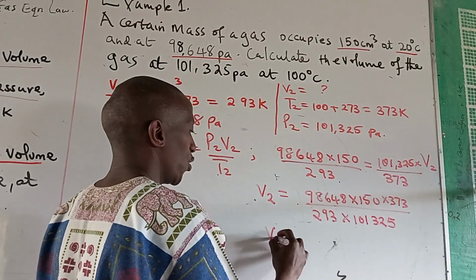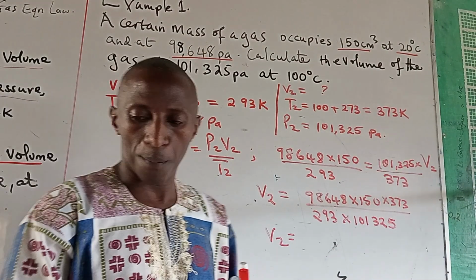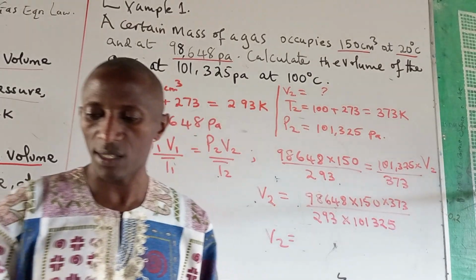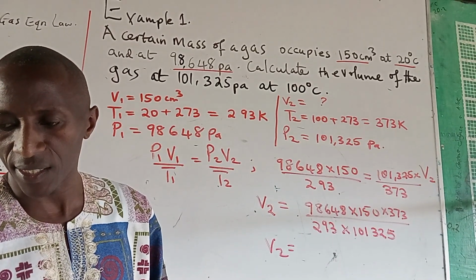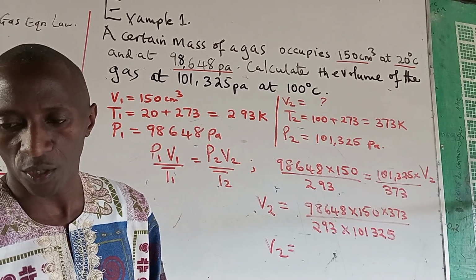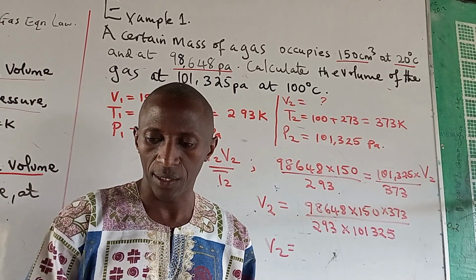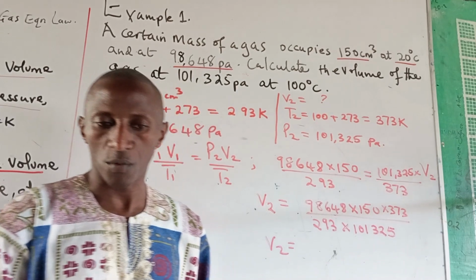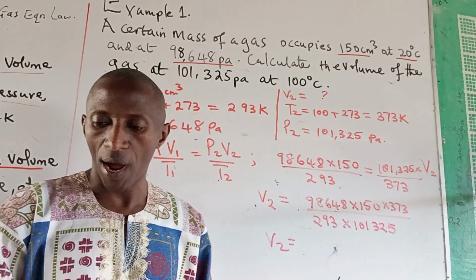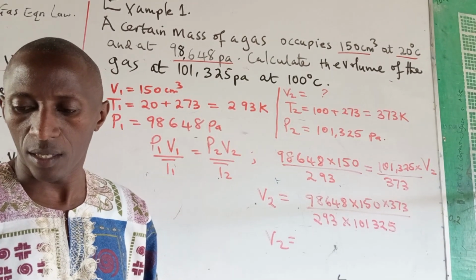And V2, viewers, punch that on the calculator, and let us see what we should be able to get. Approximately, we are getting 181.14.